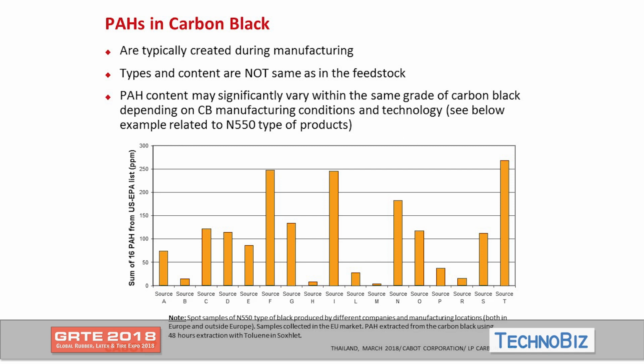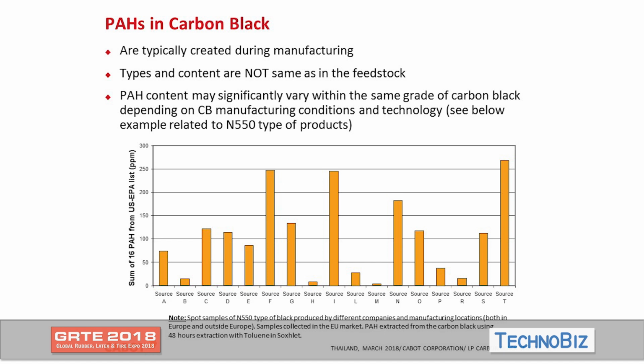PAH in carbon black is typically created during manufacturing. It's not directly related to the feedstock. Sometimes yes, sometimes not. Here we list 18 different samples, all of the most common semi-reinforcing grade, N550. We collected them from different plants and different markets, covering almost the whole world: some from Europe, from North America, from Asia Pacific.